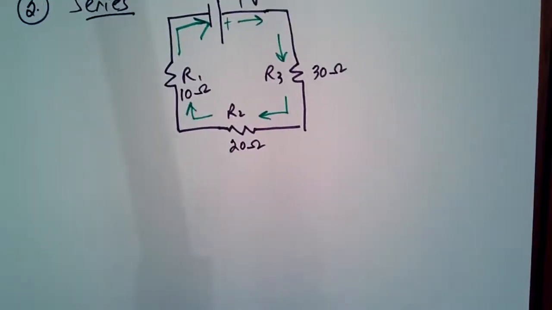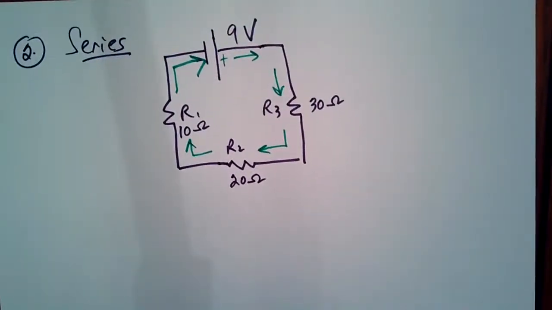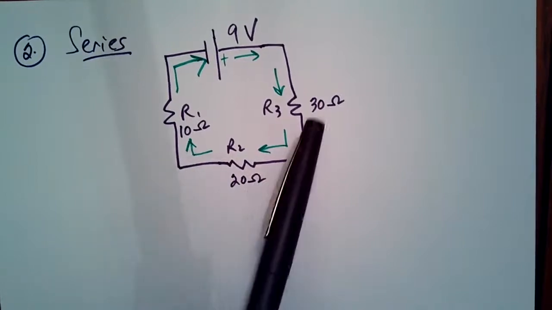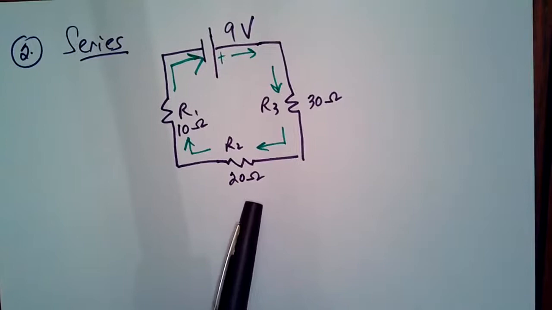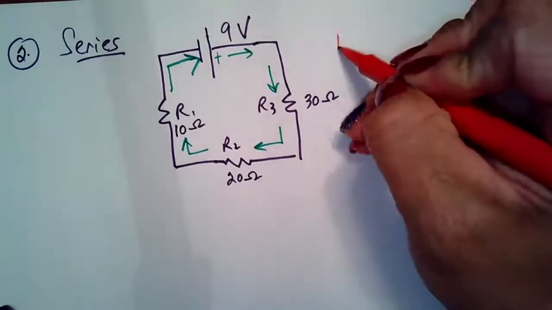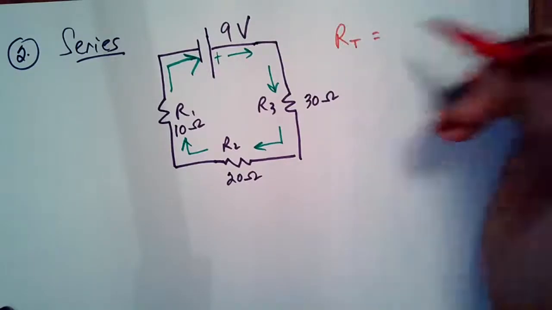Okay, so in our second example, we still have a series circuit, but this time we have different amounts of resistance, and you're going to see what happens to the voltage and the current as we calculate them. So let's take a look at the total resistance.